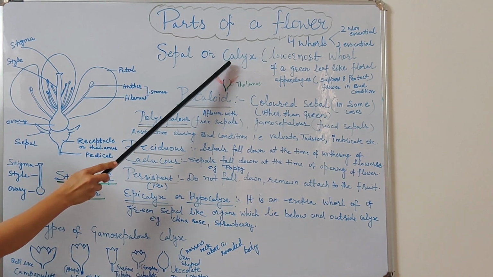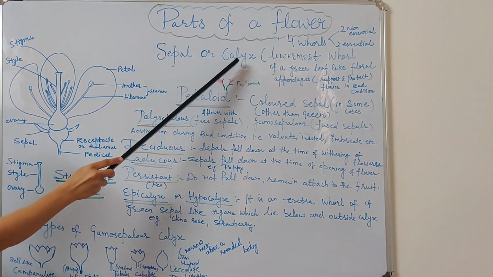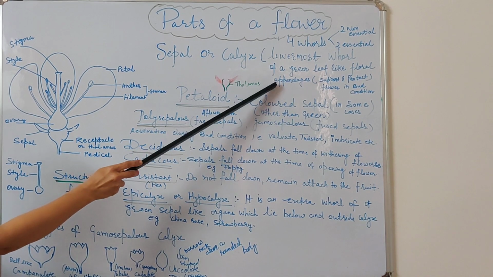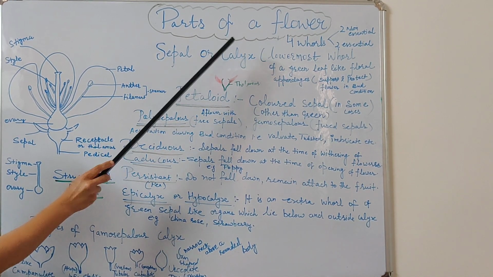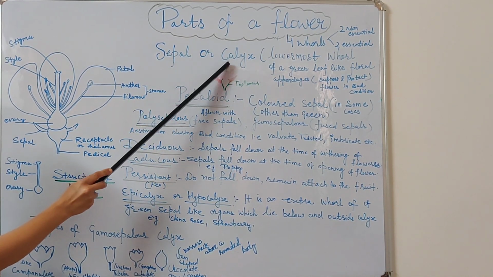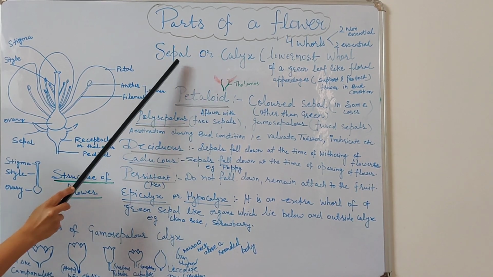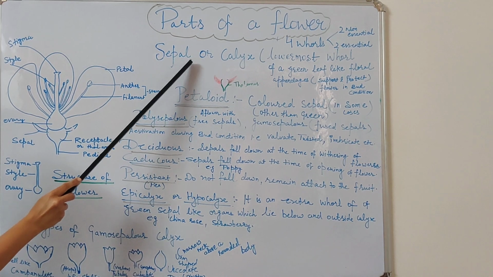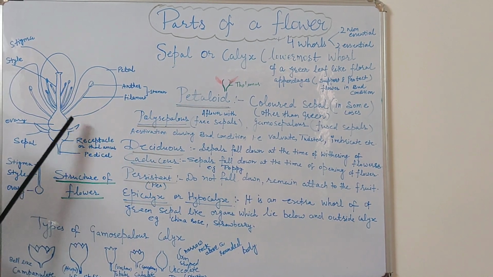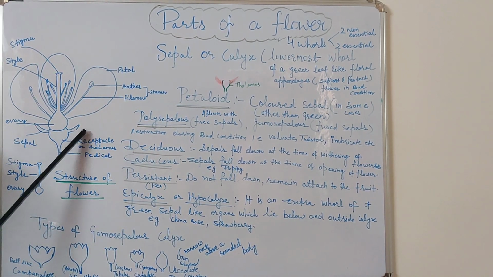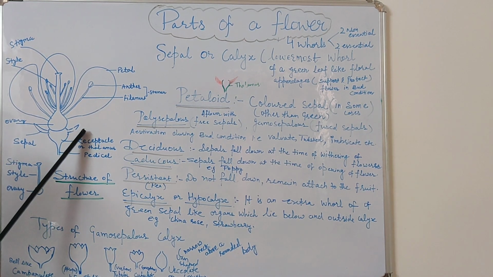So calyx is the lowermost whorl of green leaf-like floral appendages. What is the function of this sepal or calyx? Why are they present in a flower? They provide support and protection to the flower when it is in bud condition.